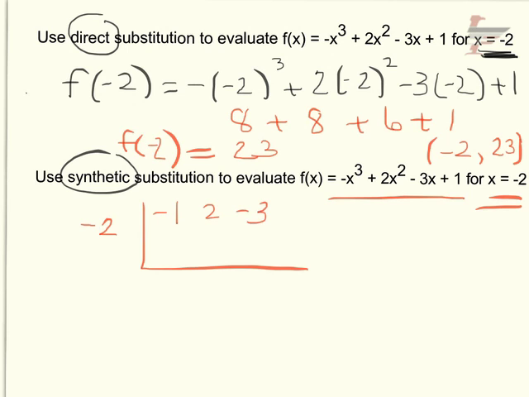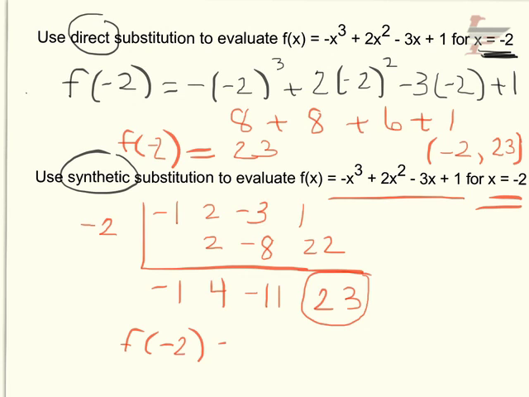So I'm going to lay all of those out, and then you carry down, multiply, add, multiply, add, multiply, and add. And when you're doing synthetic substitution, that last value is your answer. So again, I would say f of -2 equals 23, or write it as a point, -2, 23. And I will ask you to do both of these, so evaluate directly and synthetically.